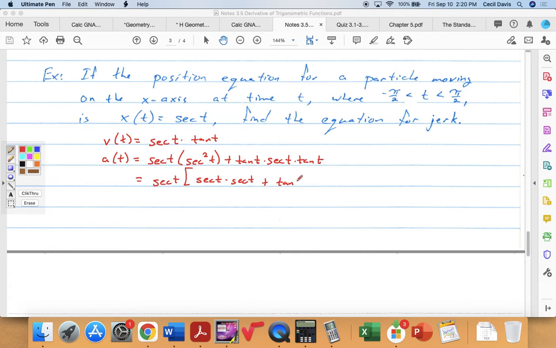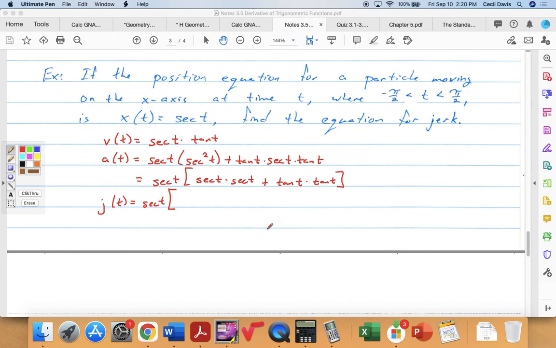And the tangent squared is tangent t times tangent t. So the jerk is going to be the first factor, secant of t, times the derivative of the second factor.